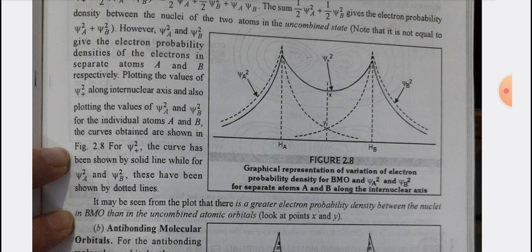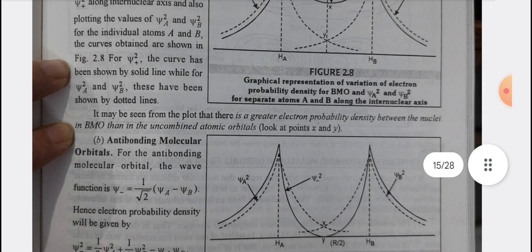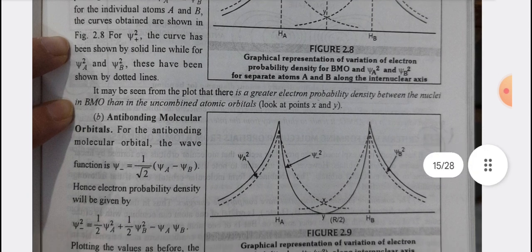Plotting the value of psi plus square along the internuclear axis, and also plotting the values of psi square A and psi square B for the individual atoms A and B, the curves obtained are shown in figure 2.8. For psi plus square, the curve has been shown by a solid line. For psi square A and psi square B, these have been shown by dotted lines. It may be seen from the plot that there is a greater electron probability density between the nuclei in the BMO than in the uncombined atomic orbitals.